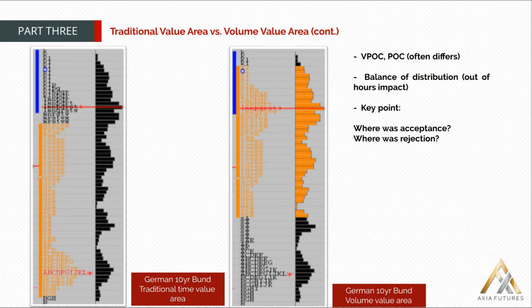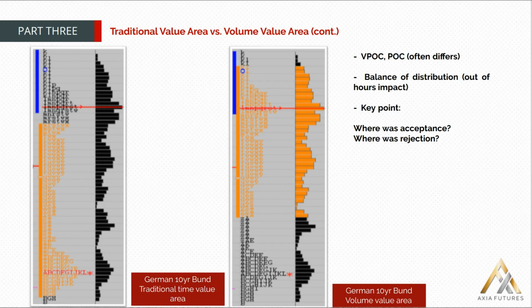And that's why I said it's imperative that you decide for yourself what is the most important route for you to take. For me, I would recommend to anyone to just use volume value areas going forward. However, the decision is up to you, and there is an argument for both cases. However, I feel the benefits and the logic behind using volume-based value area are far more important. So let's have a look at some of the key differences between the two distributions.